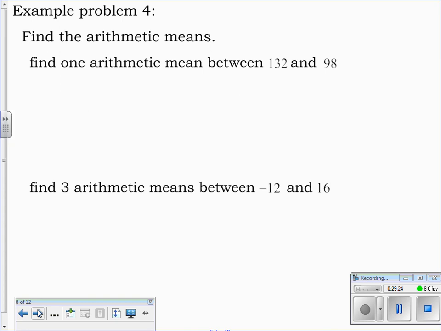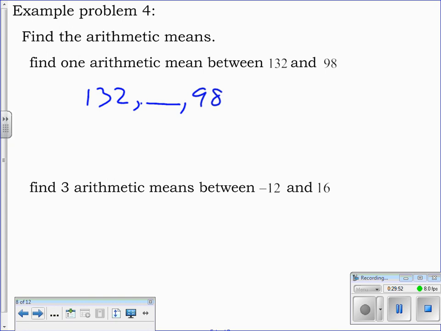That means I've got a sequence of numbers. I don't know where 132 and 98 fall in this. They could be part of the beginning, they could be part of the end. I don't know. I don't care. All I care is that I've got 132, comma, a missing number, comma, and 98. That's what that question is, and that question says find the missing number between them.